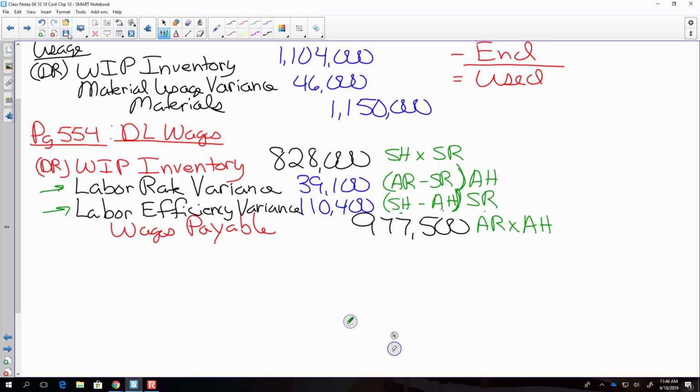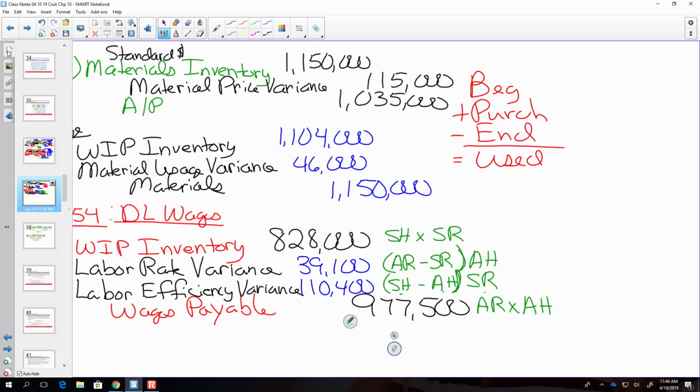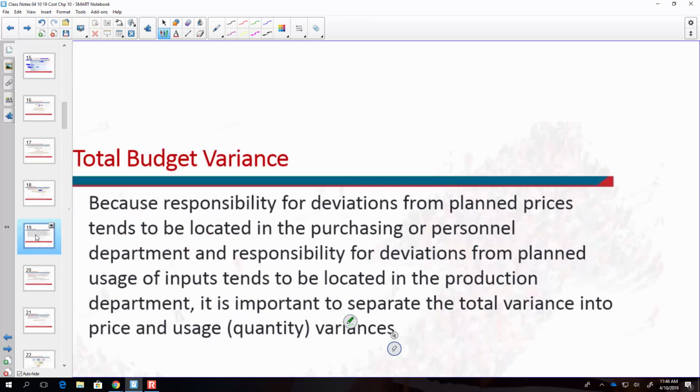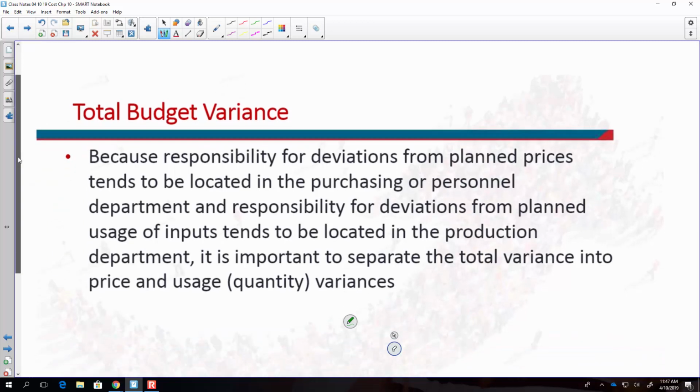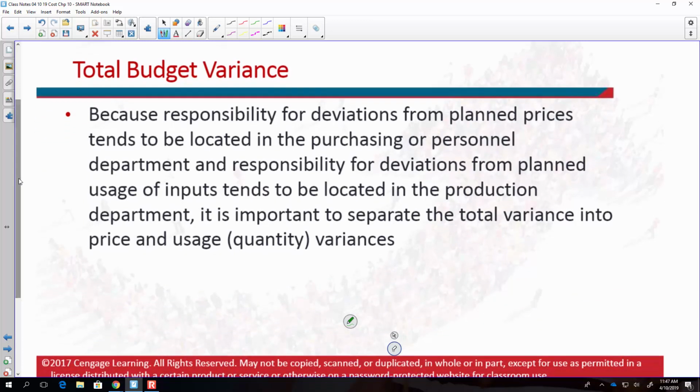Okay, now the chapter then goes into who is responsible. So I'm going to try to find this here. This is on page 528.